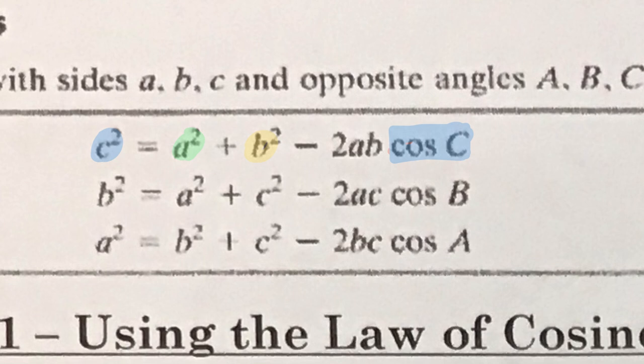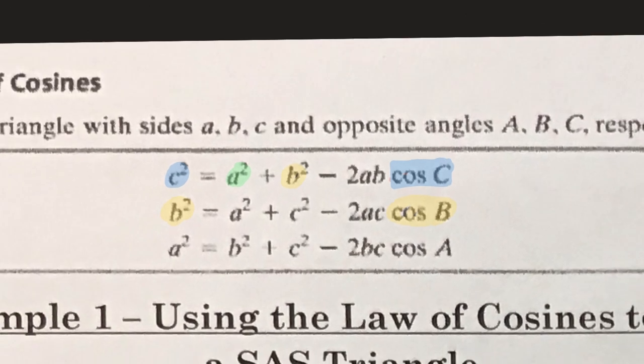It doesn't matter which side you are trying to find. If you're trying to find side B, then we need to know angle B. So we can only find the side across from the angle that we know. That's one of the stipulations of the law of cosines.